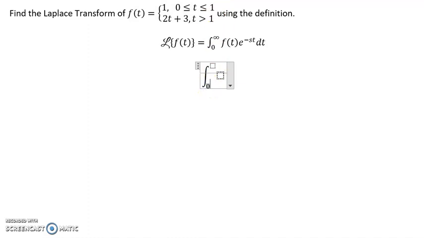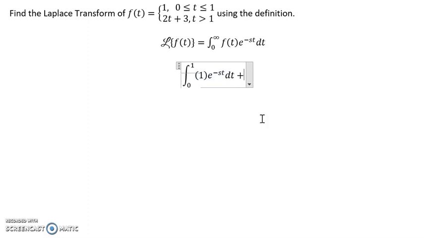So those limits are going to go into our integral. And then the function piece itself goes in as our f of t. It's f of t on this section of the interval. And then e to the negative st dt.